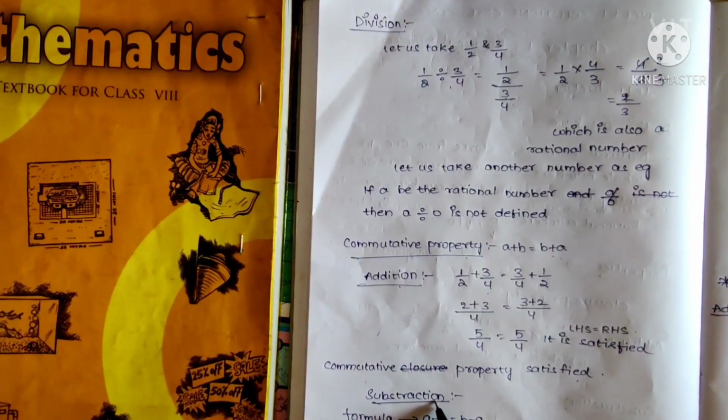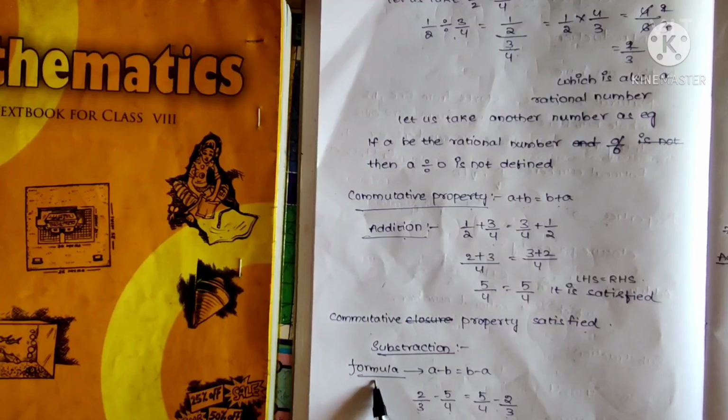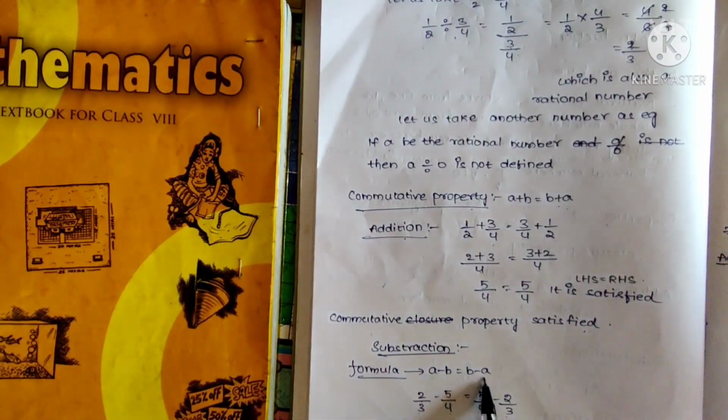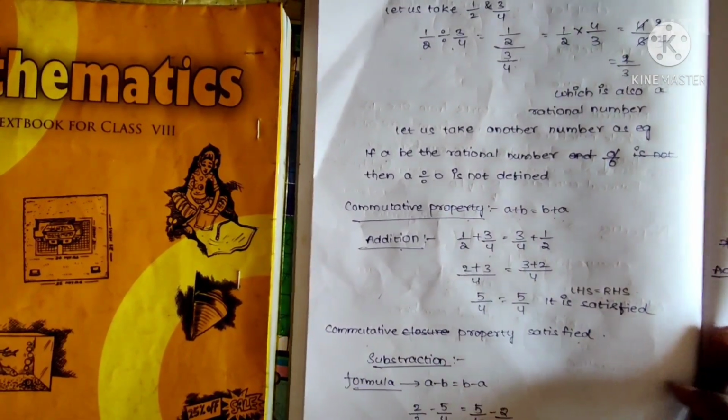Now let us see the subtraction. The formula for this is a minus b equals b minus a. We have to prove this. Now let us take 2 by 3 minus 5 by 4 equals 5 by 4 minus 2 by 3.